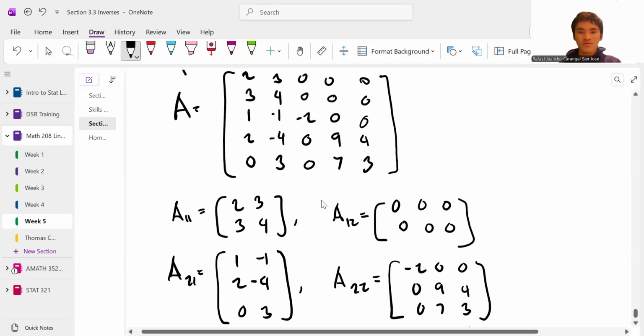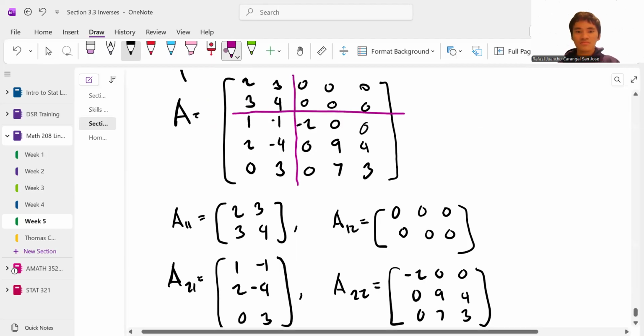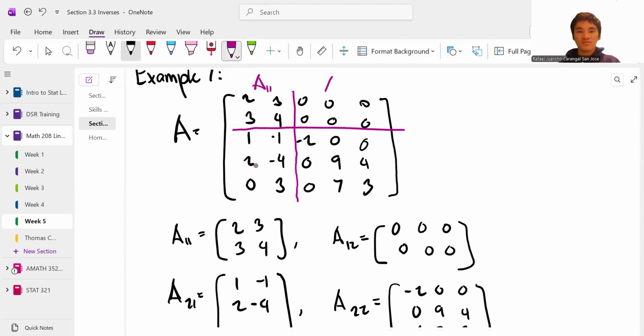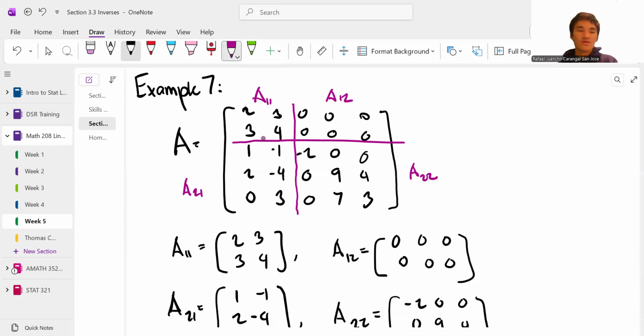The way we cut them out is like this: A11, A12, A22, A21. In other words, we cut them out like this: A11, A21, A12, A22.